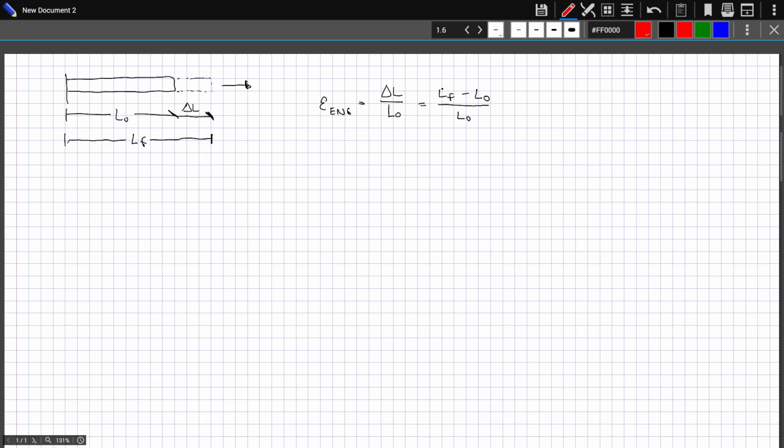Often this ratio of the final length to the initial length is called the stretch. We often use the symbol lambda. And so we can rewrite this as lambda minus 1. So that's the engineering strain.